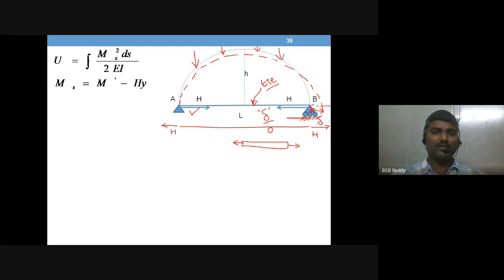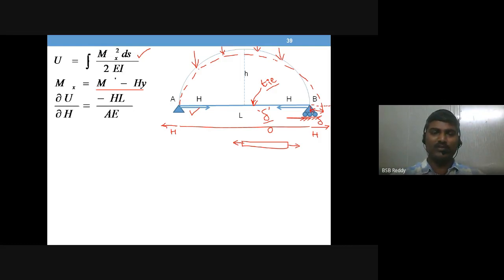So as usual, we will have strain energy to be calculated, which is integral Mx square ds by 2EI, the strain energy due to bending. And then Mx we are going to write in terms of M dash minus Hy, where M dash is the beam moment, due to vertical loads only, right? So this is already known.